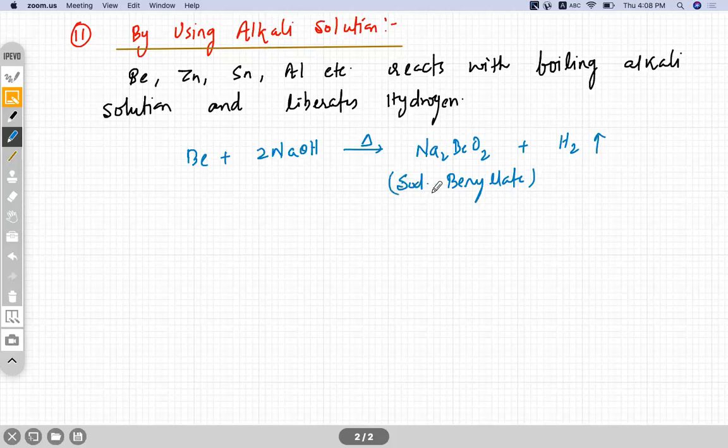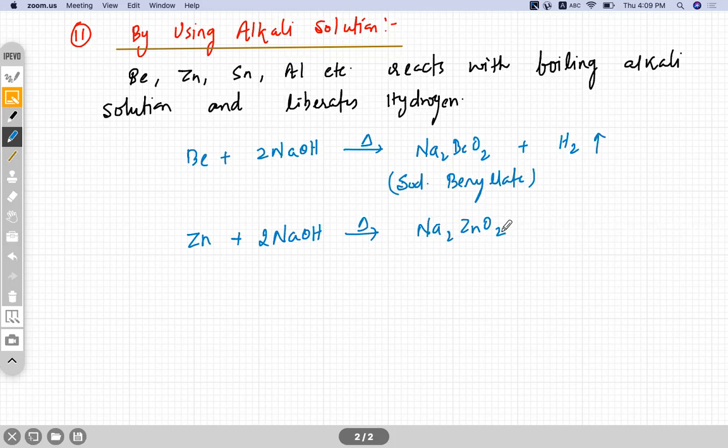Similarly, zinc reacts with 2NaOH and gives Na2ZnO2, that is sodium zincate, and hydrogen gas is released.